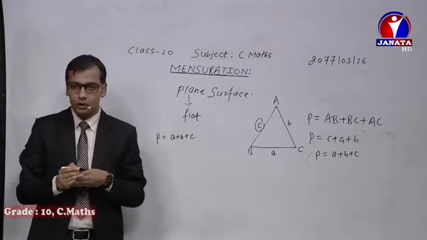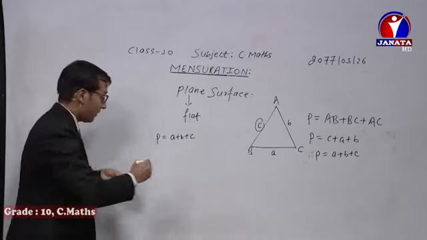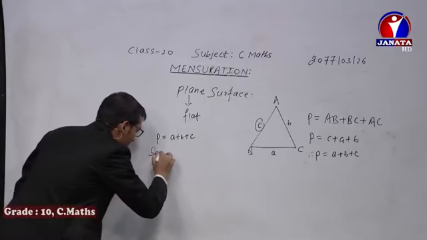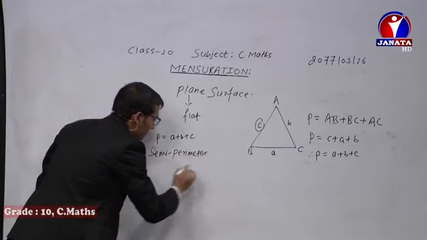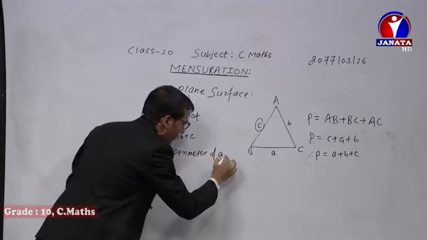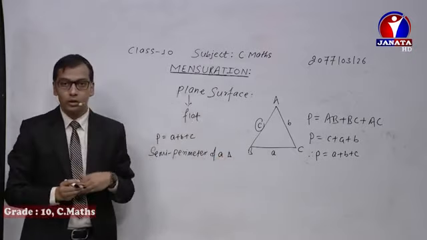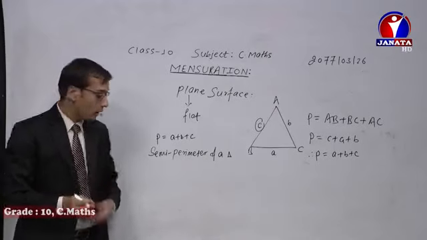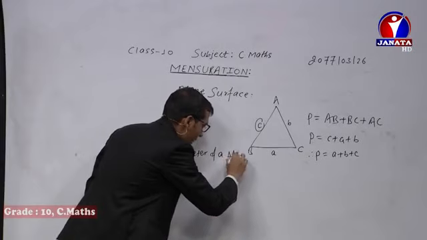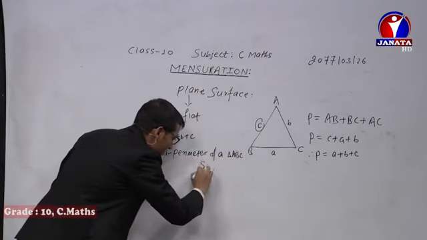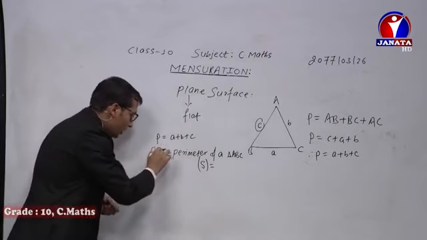Now we also need to know what semi perimeter is. Semi means half. Semi perimeter of a triangle. This is the symbol for triangle, and it is called delta. The semi perimeter of triangle ABC, we denote by S. What is the meaning of semi?